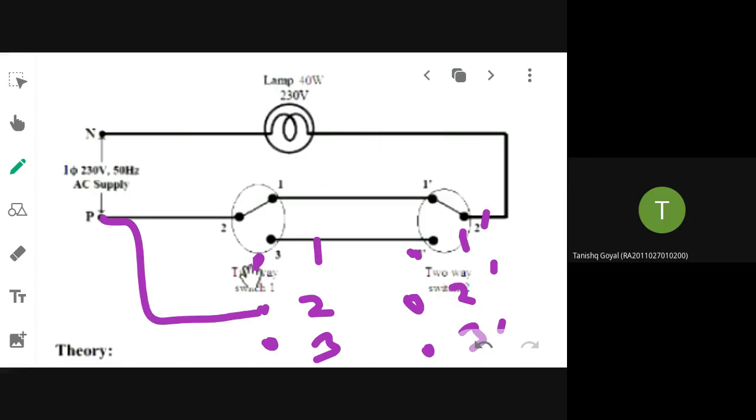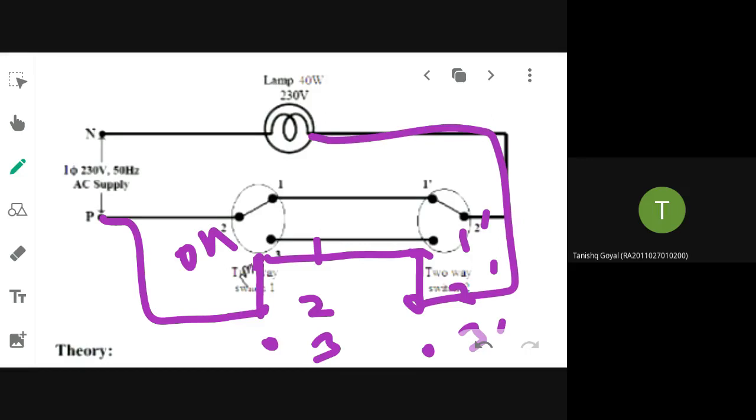If you are switching this on, and this is also switched on, and you are connecting 1 and 1 dash, and then the 2 is given to the lamp. So circuit is closed or not closed? Closed, ma'am. Both the switches are on. So the lamp will glow or not? Yes, it will glow.